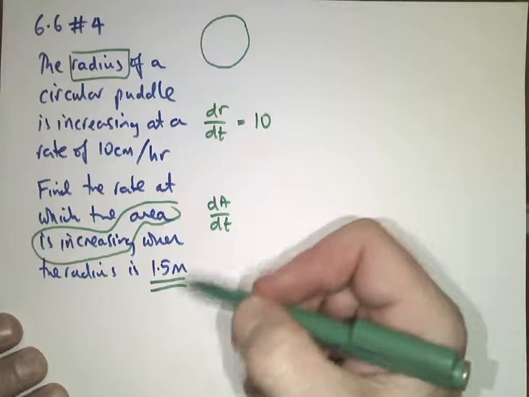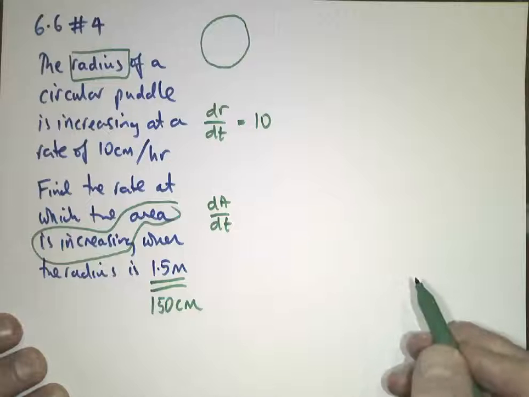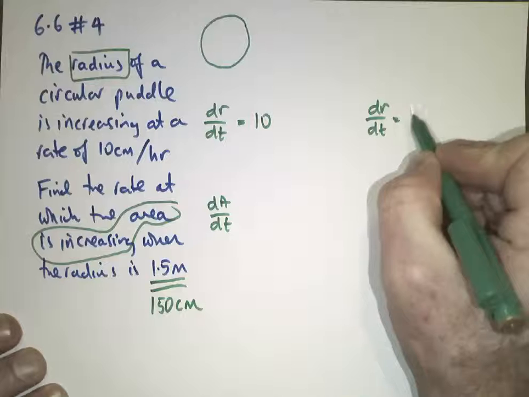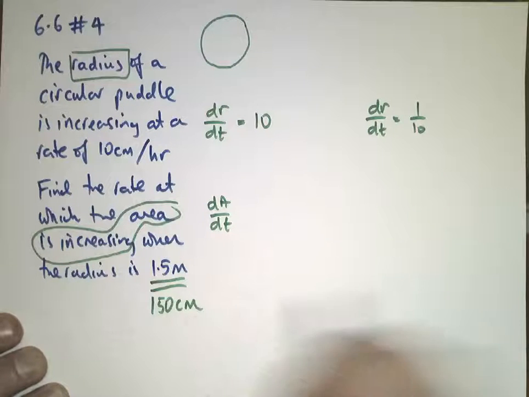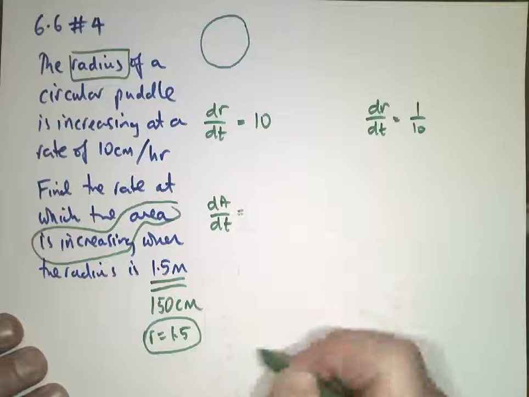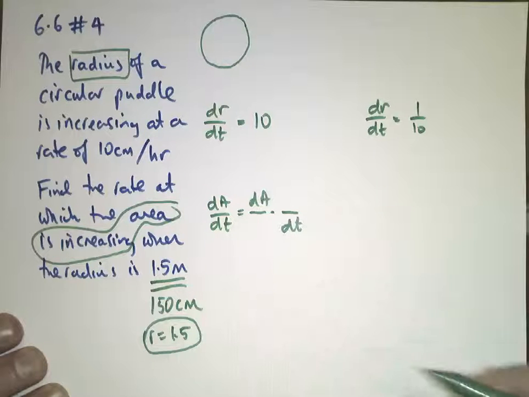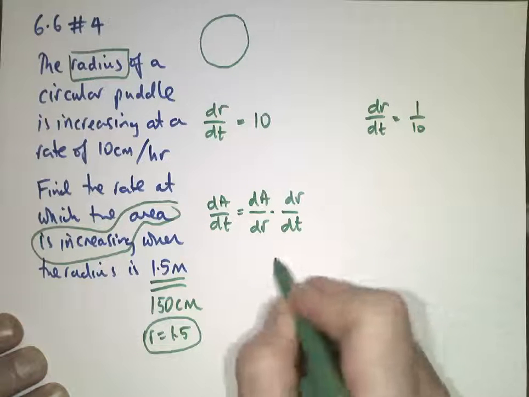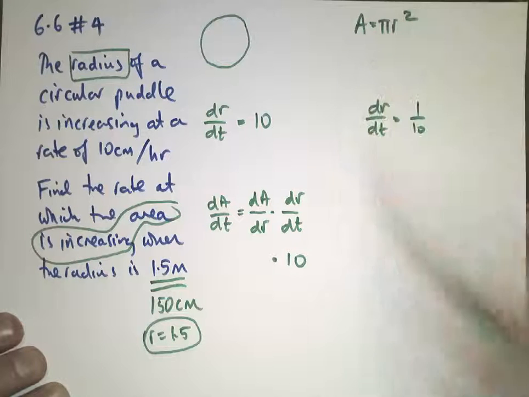Now I've got a variation of units here, so I can use the radius as 150 centimeters, or I could say that dr/dt is equal to 1/10 meters per hour, because 10 centimeters is 1/10 of a meter, and r equals 1.5, one or the other. Our chain of derivatives connecting this would be dA/dt equals dA/dr times dr/dt. My area equals pi times radius squared because I have a circle.